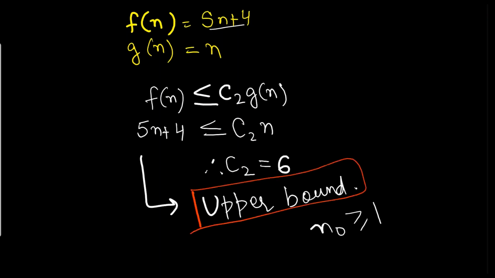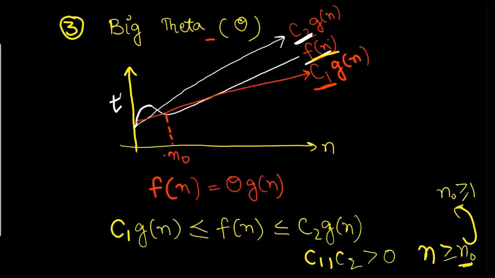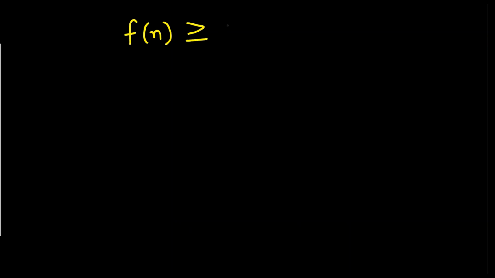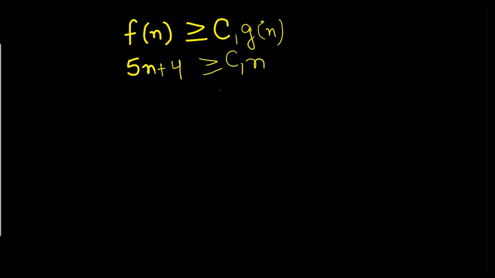Now let's see the lower bound, where f(n) should be greater than or equal to the lower bound C1·g(n). So I'll write f(n) greater than or equal to C1·g(n), where f(n) is 5n plus 4 and g(n) is n. Now we have to take the C1 value, let's take it as 1, and also n0 should be greater than or equal to 1.